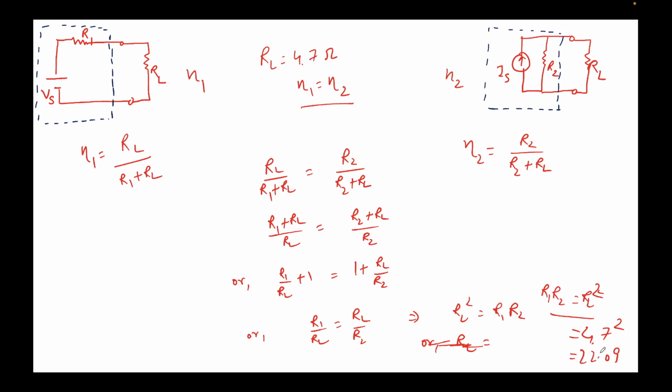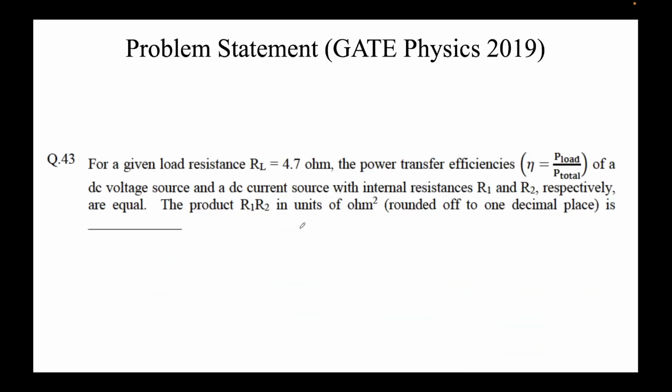We were required to round it off to one decimal place. Remember that. So when we round it off, it will come out to be 22.1. So the product of R1 R2, which you were required to find, comes out to be 22.1, which we will simply put in our answer here.